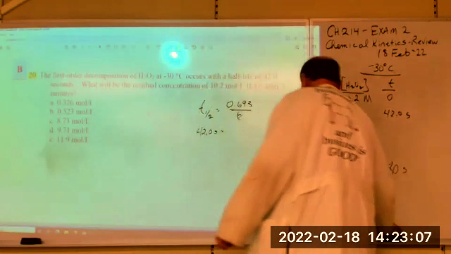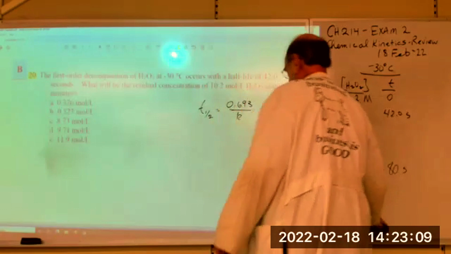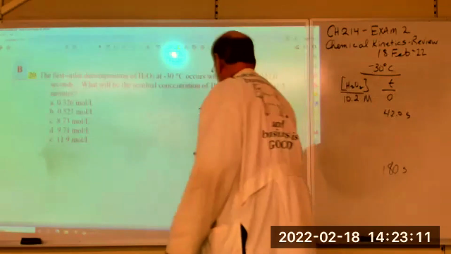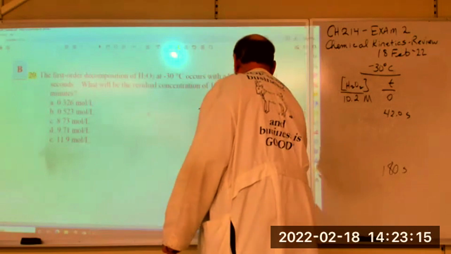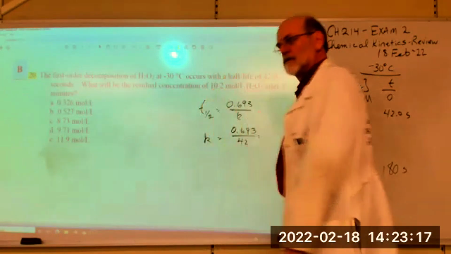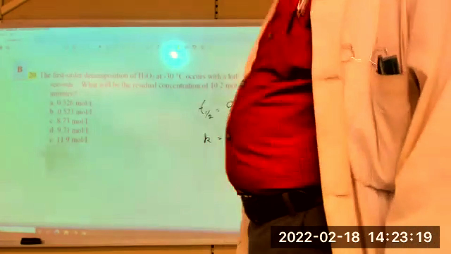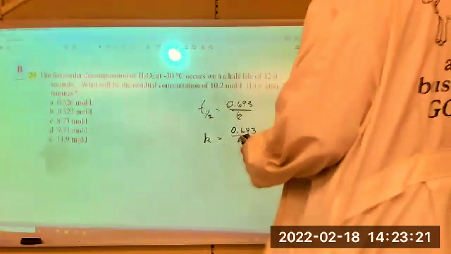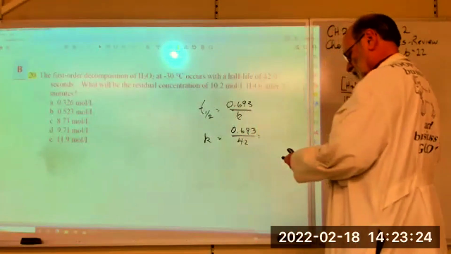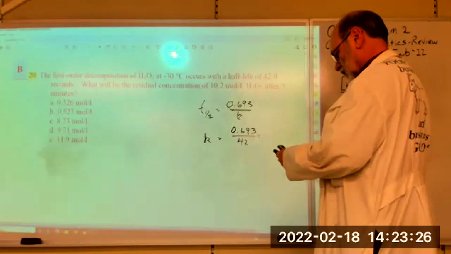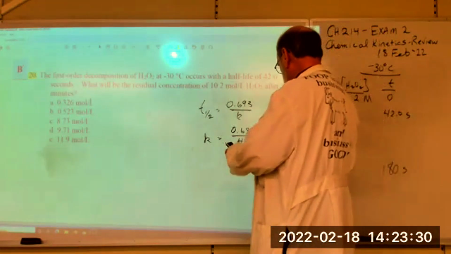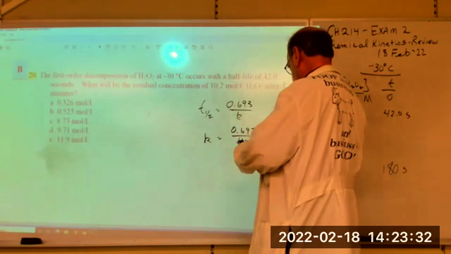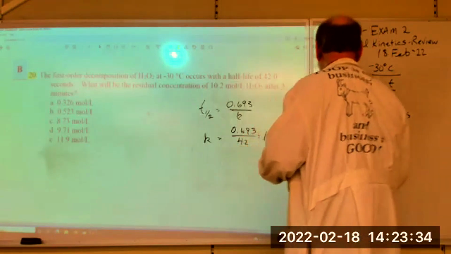And that means K equals 0.693 divided by 42. Right? 0.693 over 42. So that's 1.65 times 10 to the minus 2 is K.